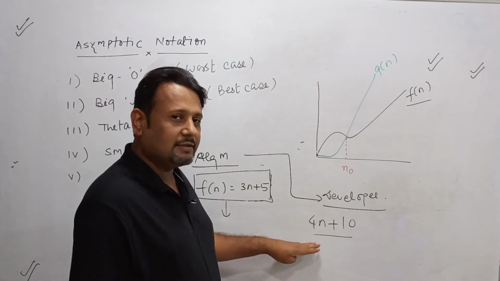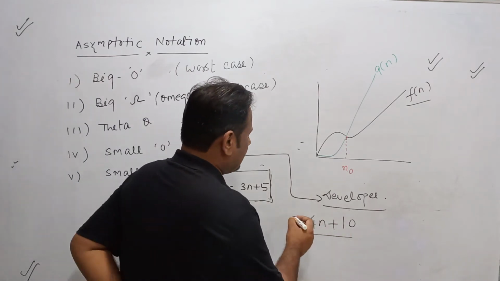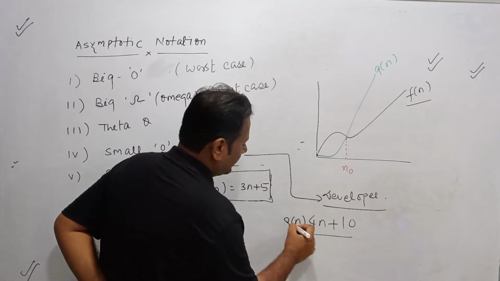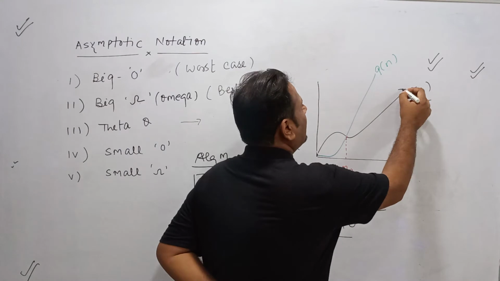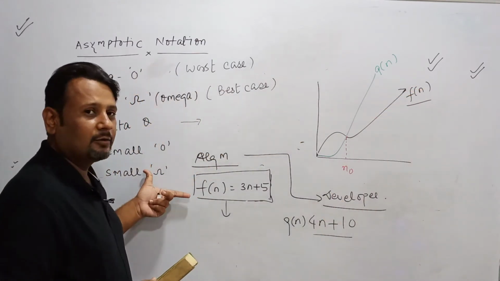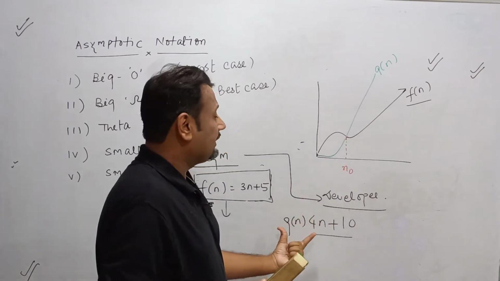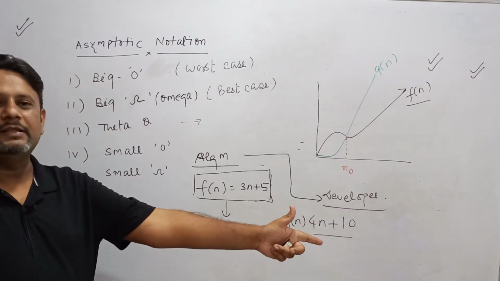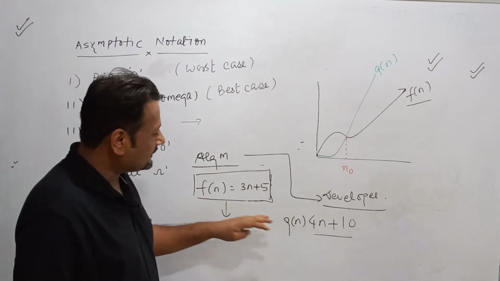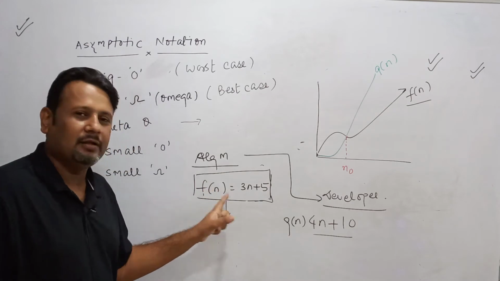After implementation, the complexity has become 4n + 10, which I am going to represent as g(n). This f(n) is the time complexity of the original algorithm, and this g(n) is the time complexity after implementation. Now if I have to compare these two complexities, how are they interrelated? Are they similar in nature?